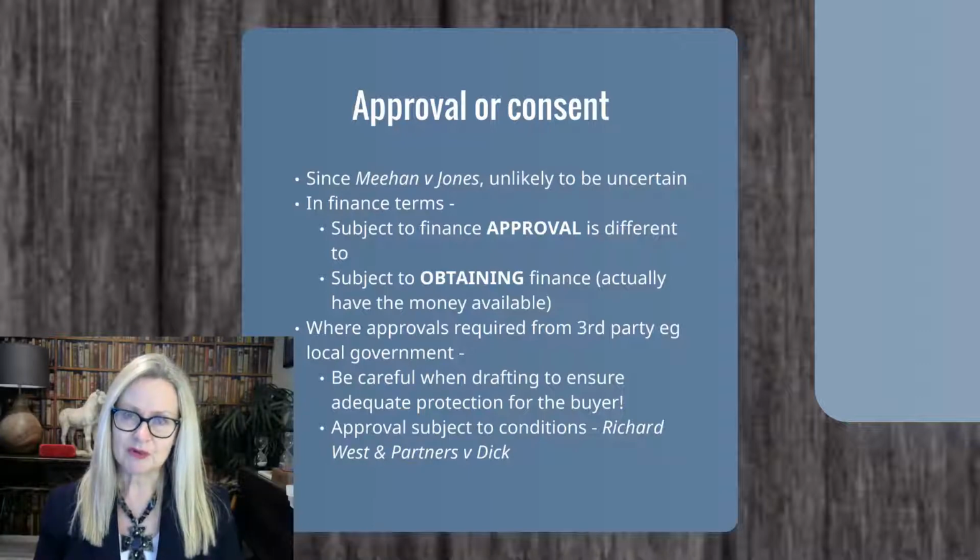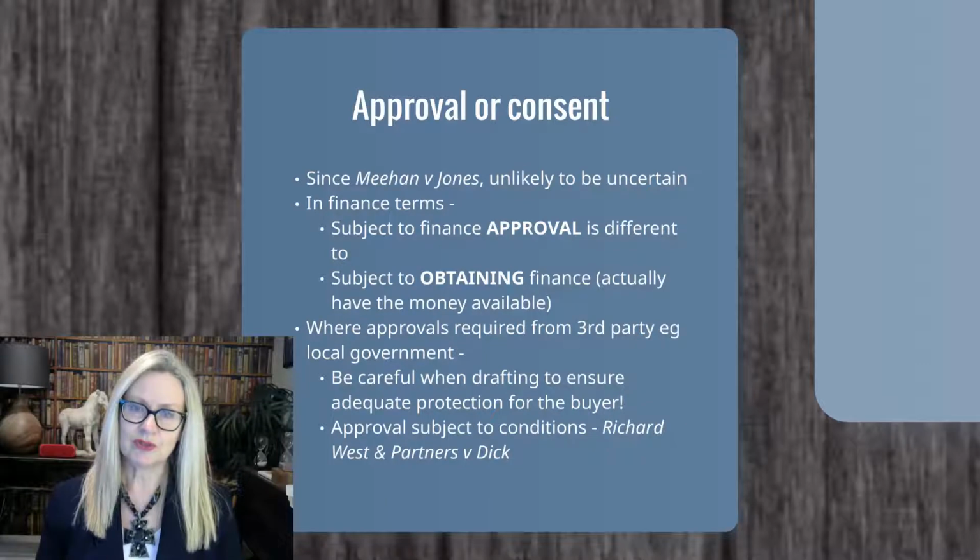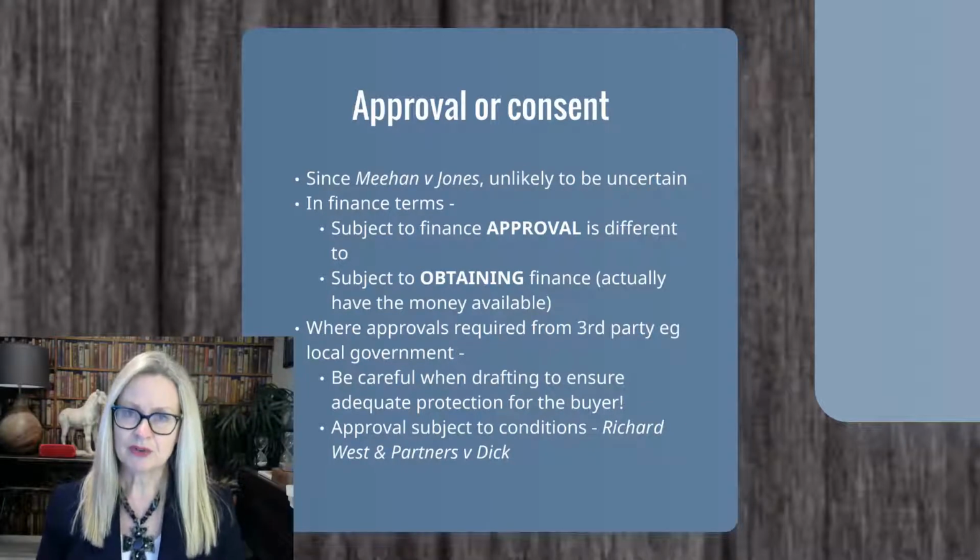Where the approval or consent relates to some kind of approval or consent from a third party like the local government, you need to be very careful when you're drafting things up that you try and think forward to all the contingencies that might lie around the edges of approval or consent.